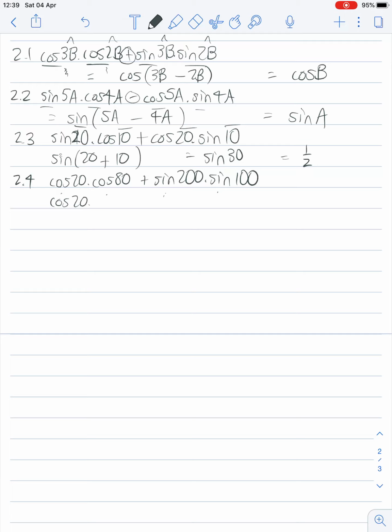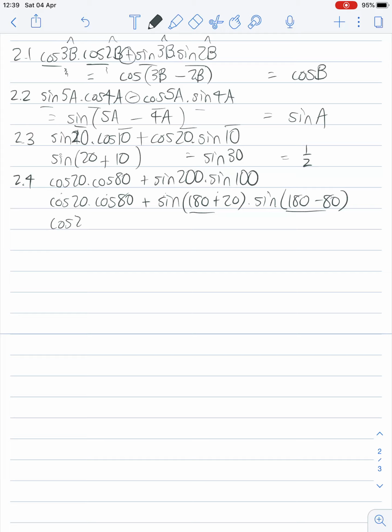So there are ways to do it, and there's probably an alternative that some of you might have gone with. I'm going to change the sine 200 into sine of 180 plus 20, and I'm going to change the sine 100 into a sine of 180 minus 80, right? 180 plus, 180 minus are reduction formulas, which you would have done in grade 11.